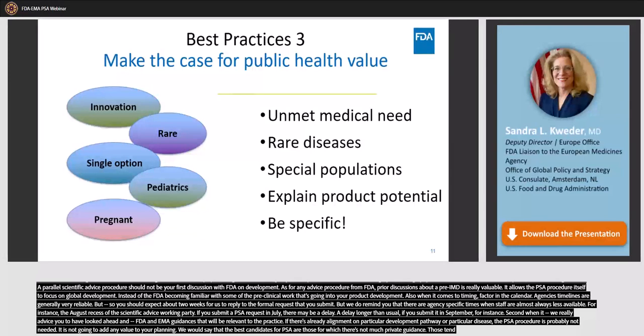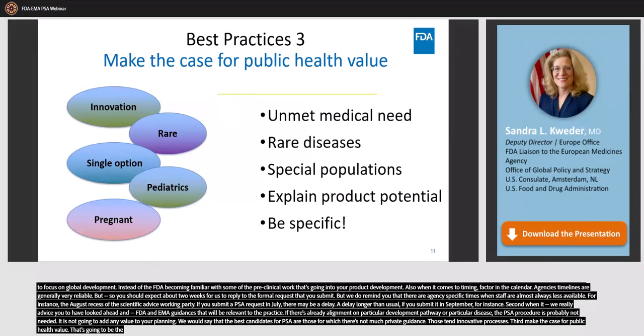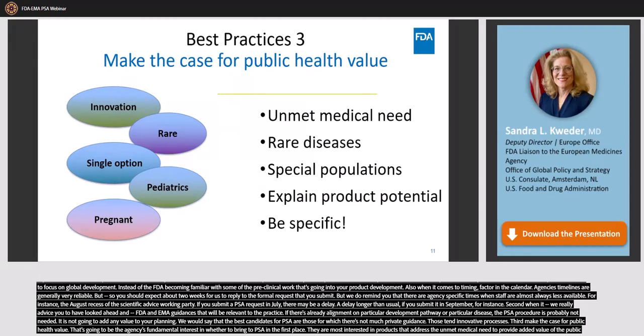Third, make the case for public health value. That really is going to be the agency's fundamental interest in deciding whether to grant a PSA in the first place. As a review again, we're most interested in products that address an unmet medical need to provide added value in the public health arena.